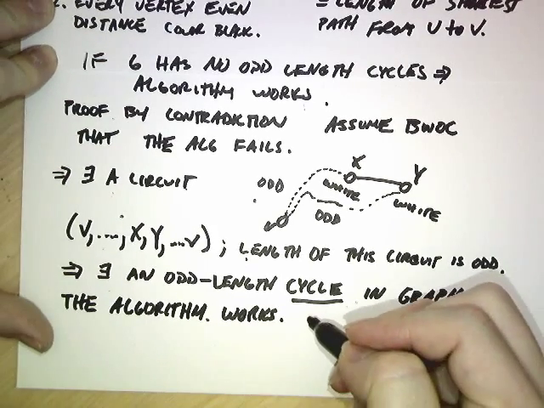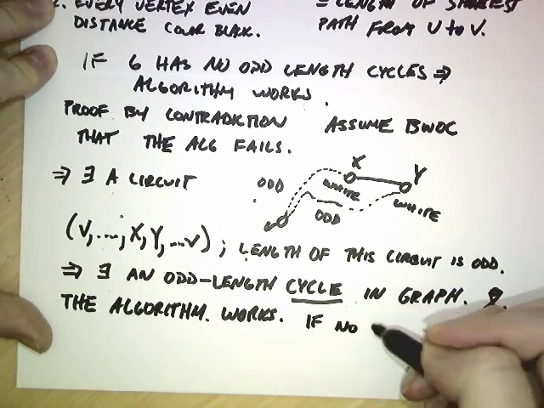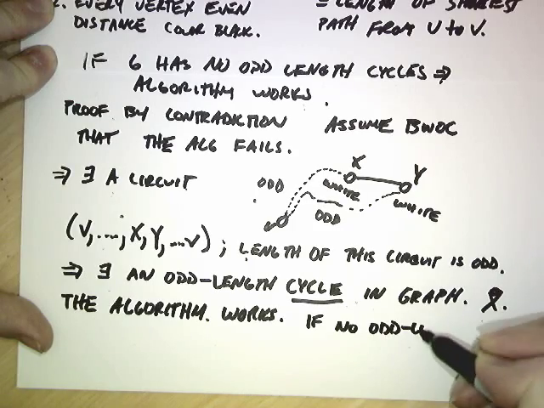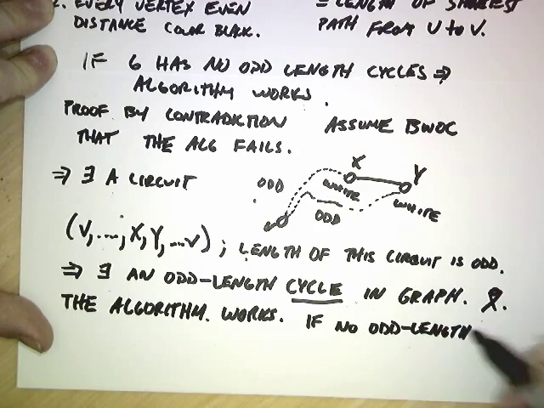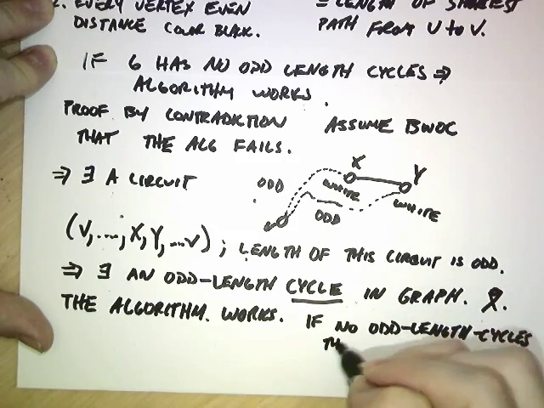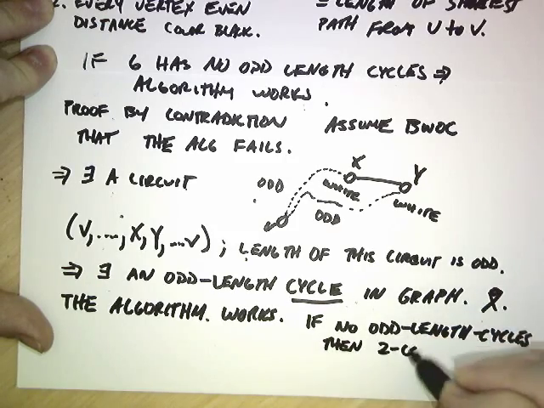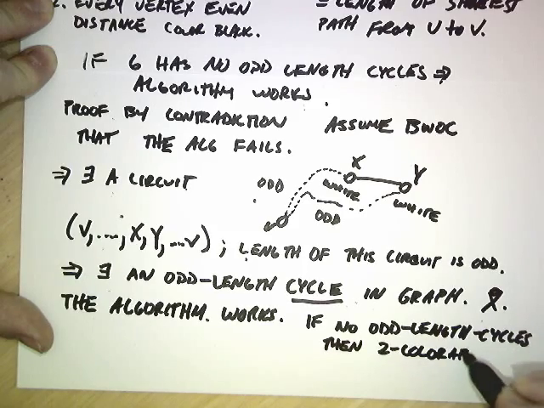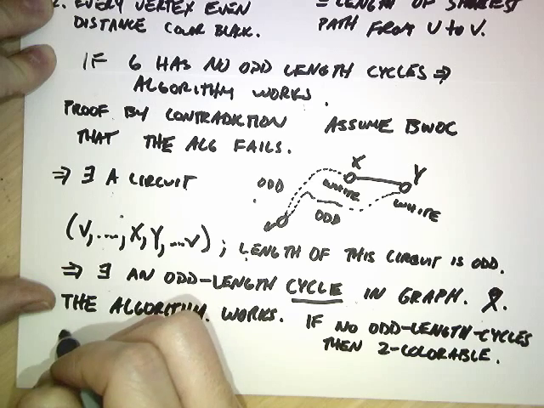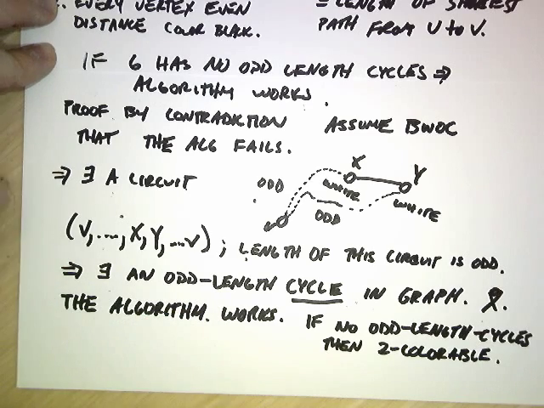So we proved that if no odd length cycles, then it's two-colorable. And in the previous video, we proved that if a graph is two-colorable, then there are no odd length cycles. So we've just proved that having no odd length cycles is equivalent to being two-colorable.